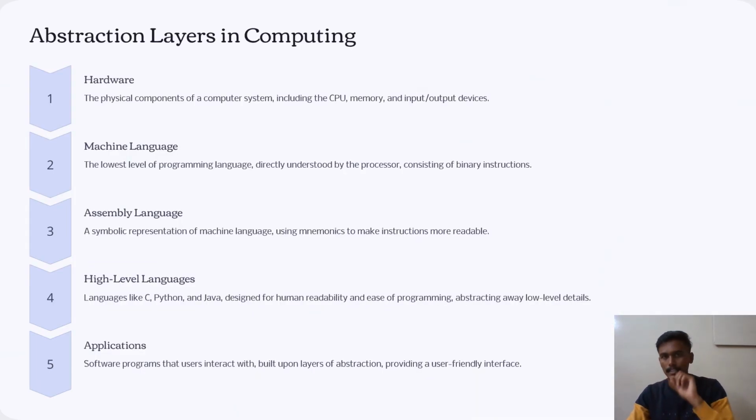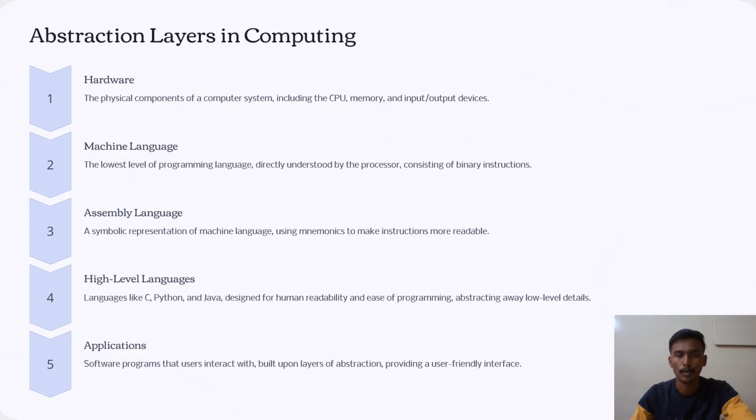Abstraction layers in computing: hardware, machine language, assembly language, high-level languages, applications. These are the five abstraction layers in computing. Hardware, the physical components of a computer system, including the CPU, memory, and input-output devices. Machine language, the lowest level of programming language directly understood by the processor, consisting of binary instructions.